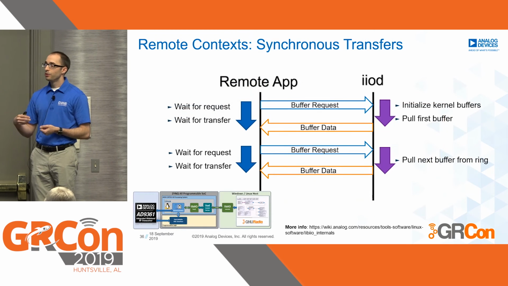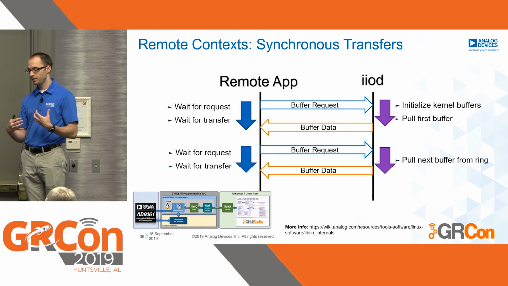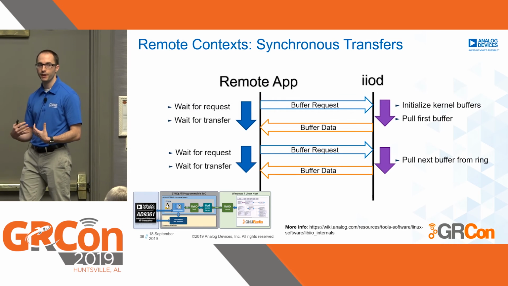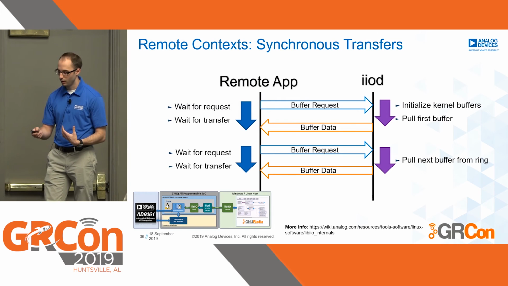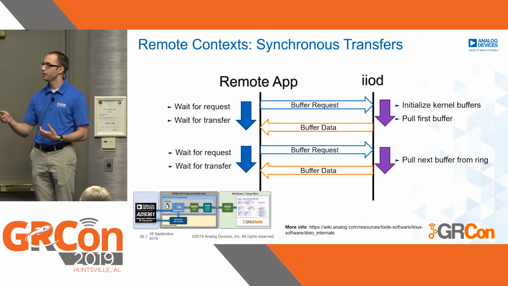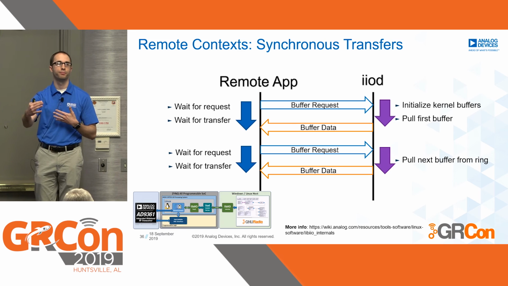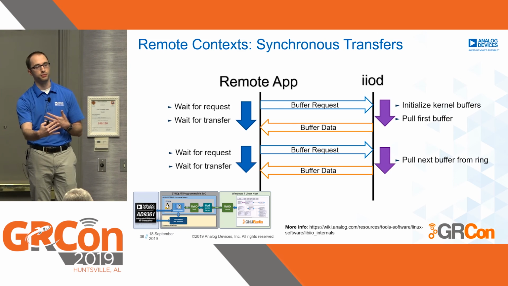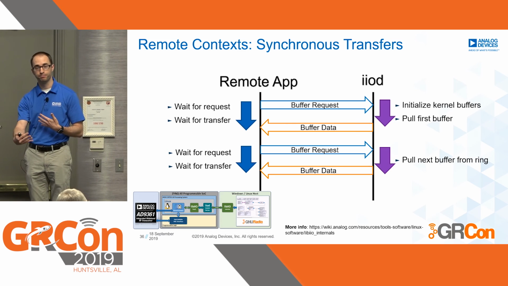However, when you're using remote contexts, how you interact with the device is a little bit different. It has a synchronous transfer mechanism, where for every transfer you have to do a buffer pull request. So you request a buffer, it gives you one. You request a buffer, it gives you one. So you have to deal with this latency of doing a request every time.